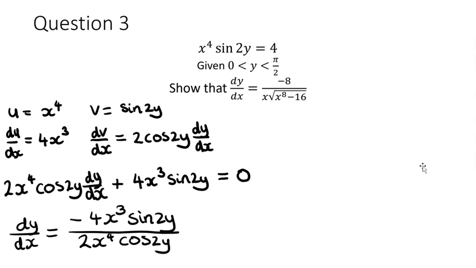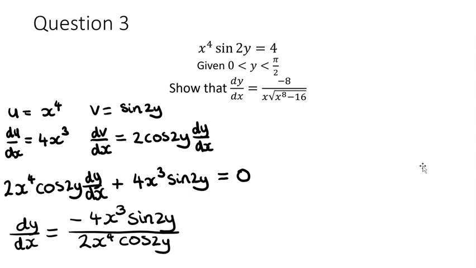The key thing here is we've still got y's in our answer, whereas what we're being asked to show is entirely in terms of x. So we need to do some work on this to get it all in terms of x.